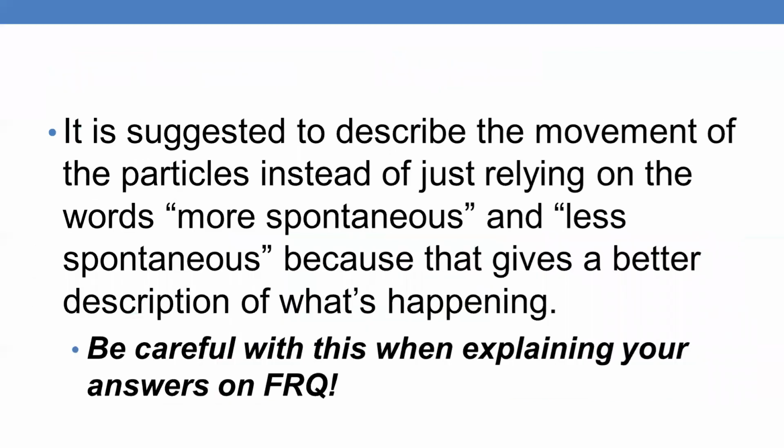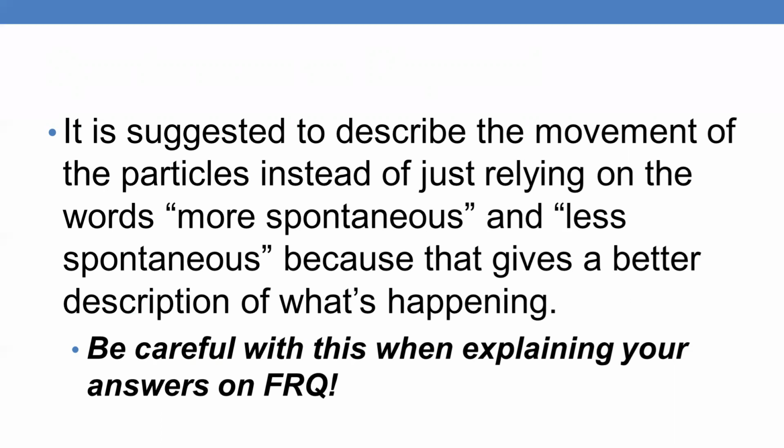So if you're trying to describe something to say that this would have more entropy or less entropy, it's suggested that you don't use the word spontaneous, because in our textbook, or online, you might see the description say that when it has more entropy, it's going to be more spontaneous.